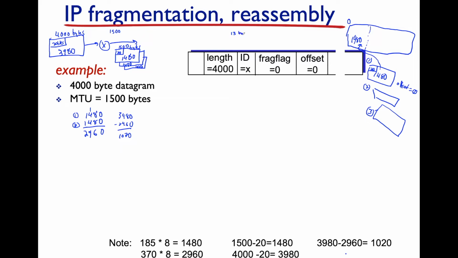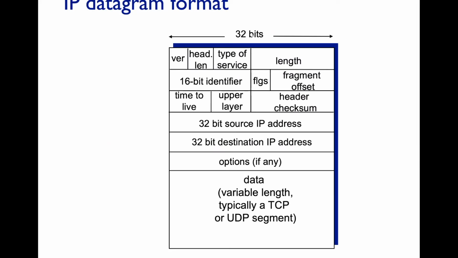Now, the fragment offset field is 13 bits long, right? If we go back to the previous slide, we see this fragment offset, and we have these flags. These flags are 3 bits, and the fragment offset is 13 bits. This entire width here is 16 bits, which is half of 32.